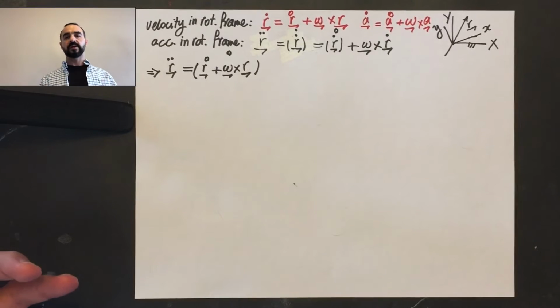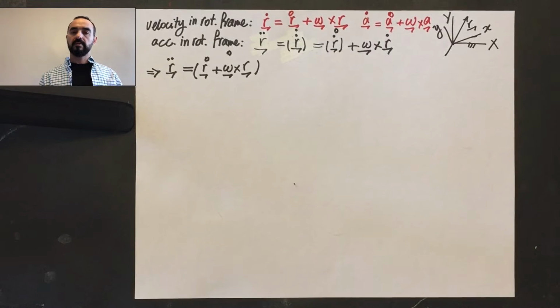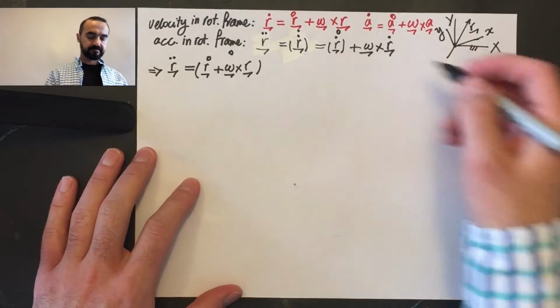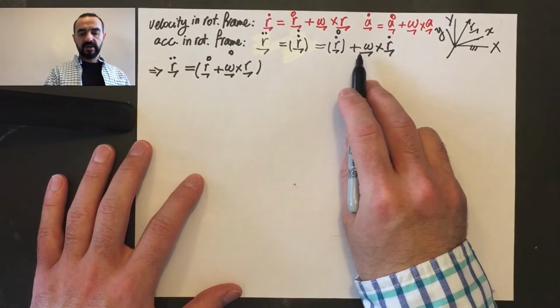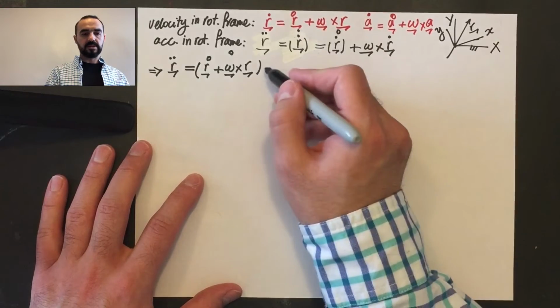So again, circle was when we differentiated our vector in our rotating frame. All right. And then we have omega cross R dot.